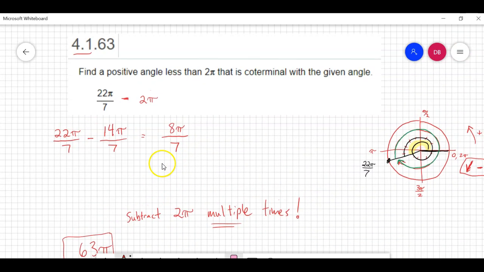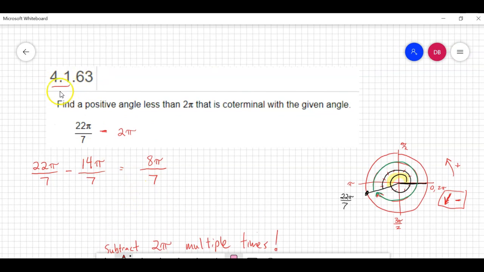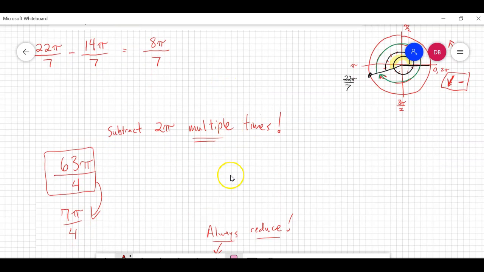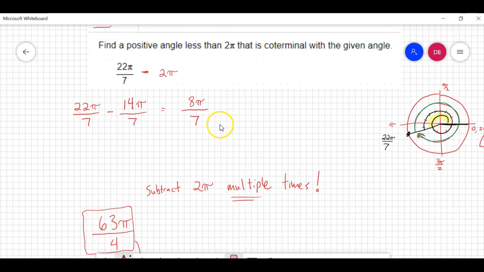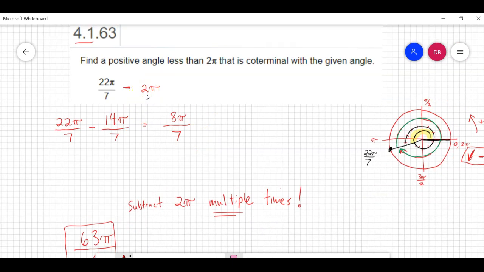But most of the ones that you're going to see that are similar to this problem in your homework set are just going to involve a single subtraction and probably no simplification. But just know that you could. It's an algorithm, so it could pull out a scenario where there is a common factor. So always reduce, and then if you need to subtract, after you've subtracted 2 pi once, if you're still bigger than 2 pi, you need to subtract 2 pi again.